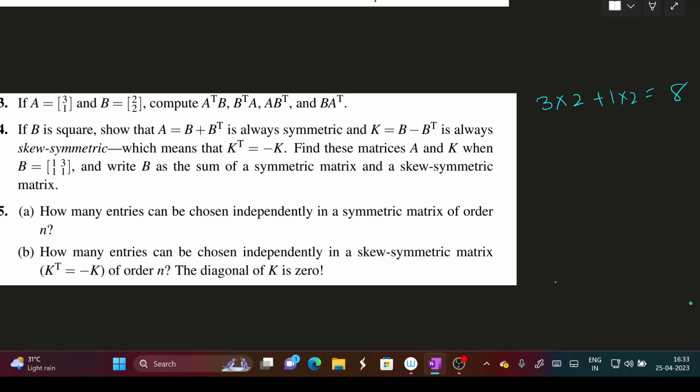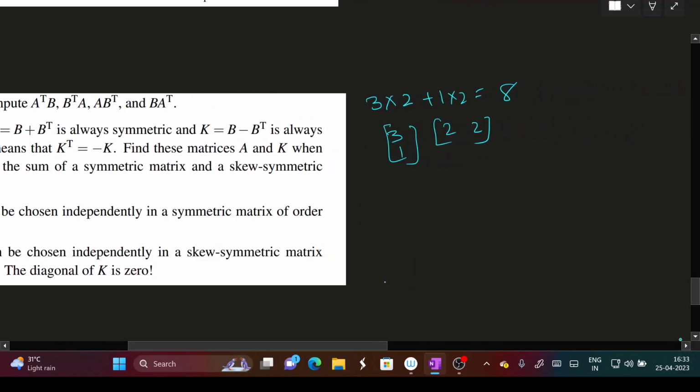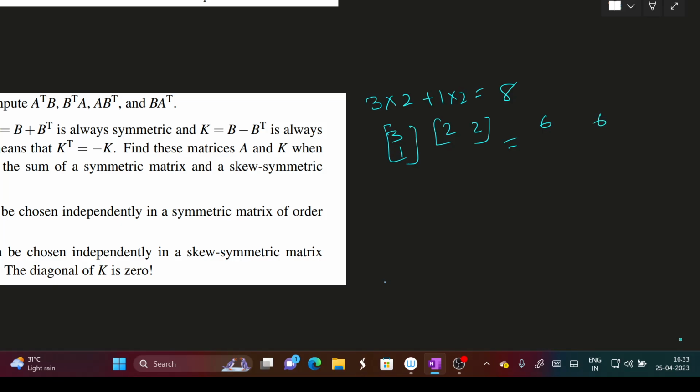What is A B transpose? A B transpose means 3, 1 times 2, 2. The values will be a 2 cross 2 matrix, that is 6, 6, 2, 2.